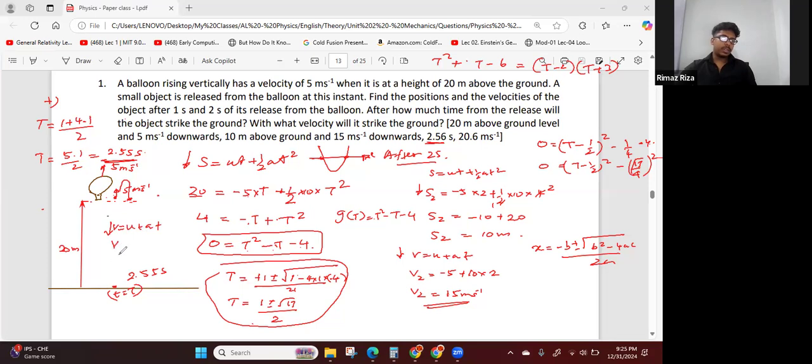So final velocity v downward, initial is minus 5 plus 10 into 2.5. So you get this value, 20.6. Okay. And we have more questions on this.